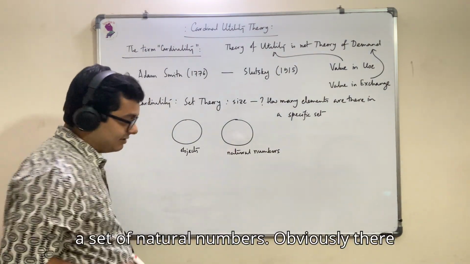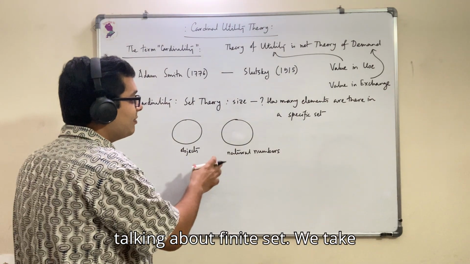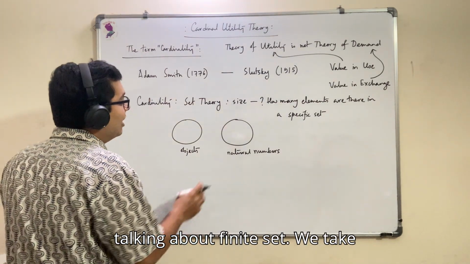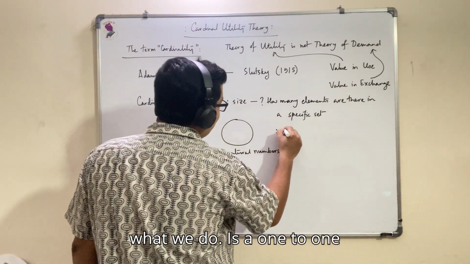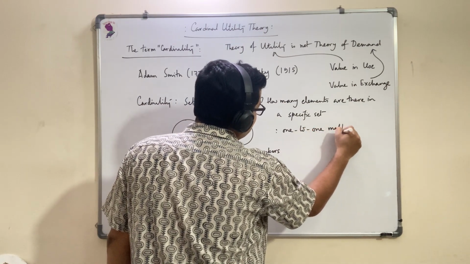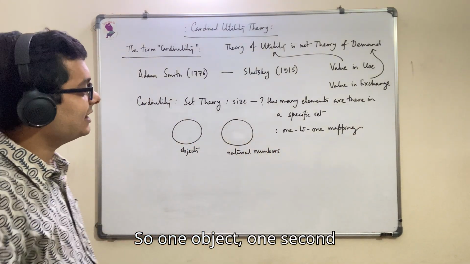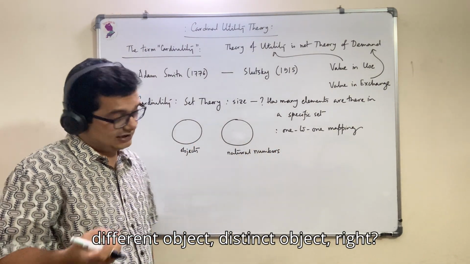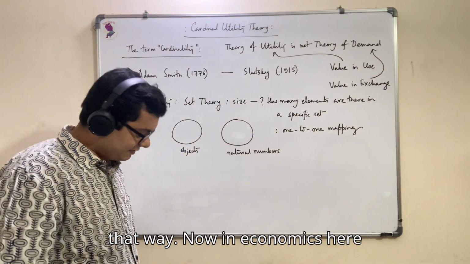We have a set of natural numbers. Obviously, it's an infinite set. But since we are talking about a finite set, we take a subset of that natural number, and what we do is a one-to-one mapping. So one object, a second different, distinct object, right? And then it goes to 2, and we proceed in that.